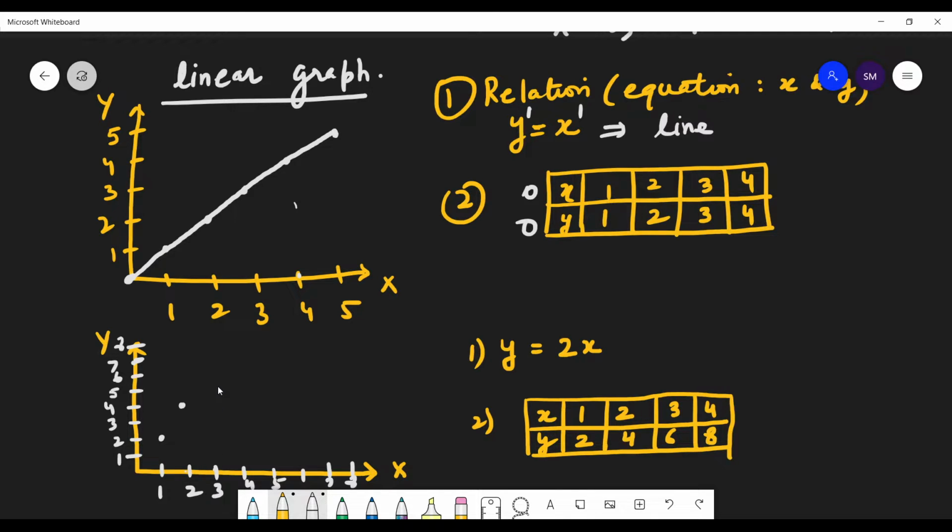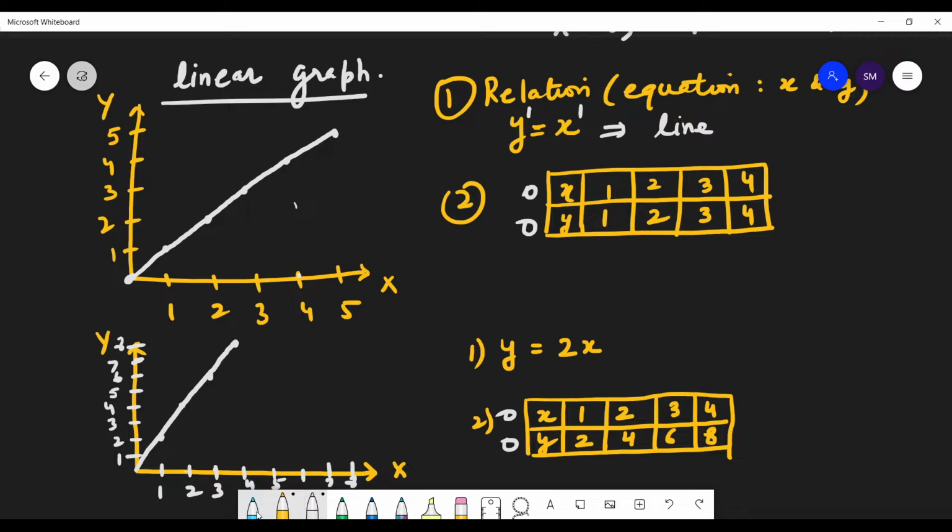Now moving upward, y equals 6. So you get another point. x equals 4, y equals 8. You get another point. x equals 0. What will y equal? 0. Yes. So you get another point.